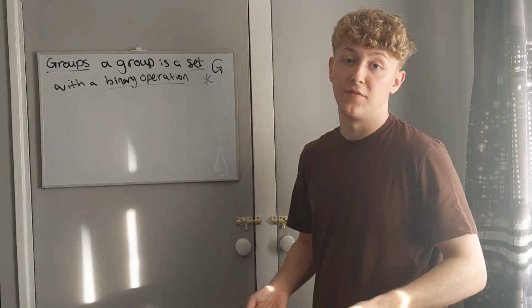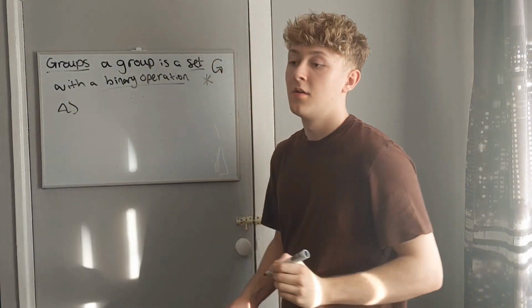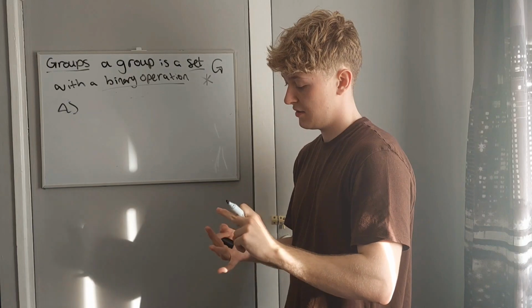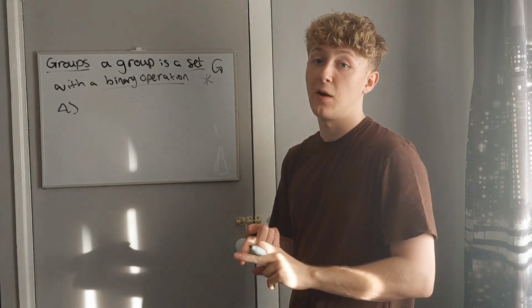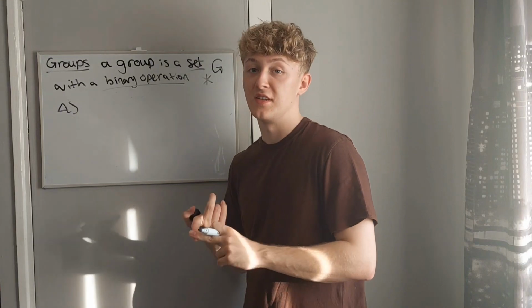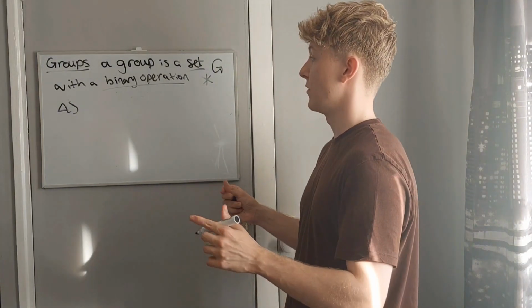As for the last part of the definition, what have we got? We've had closure, we've had identity, we've had inverses, and now we have associativity. Now if you study algebra further, associativity is one of the most common things appearing in all of algebra.